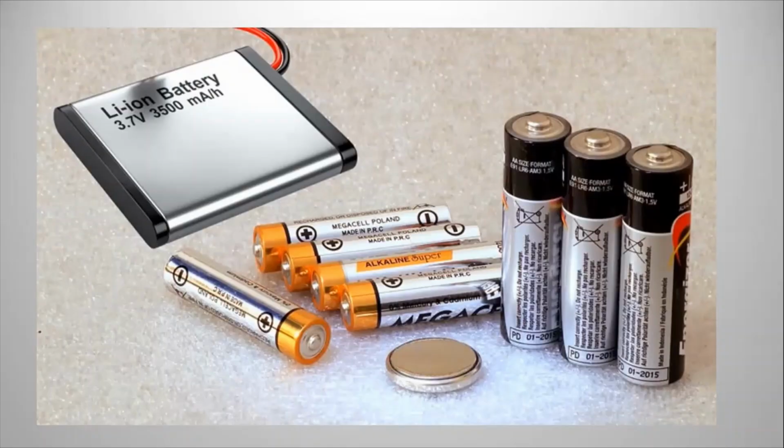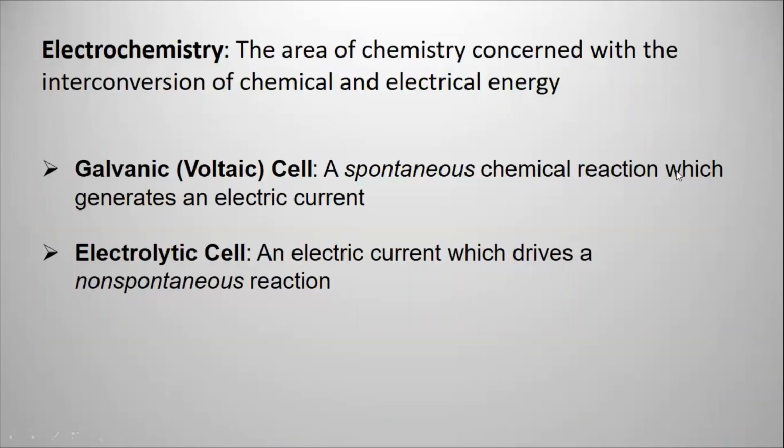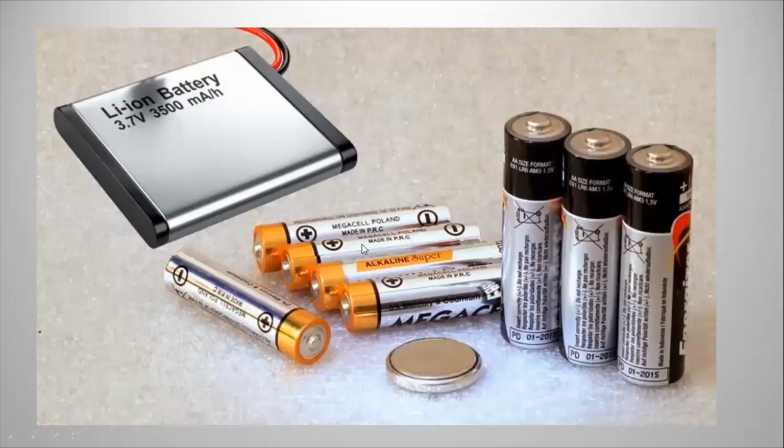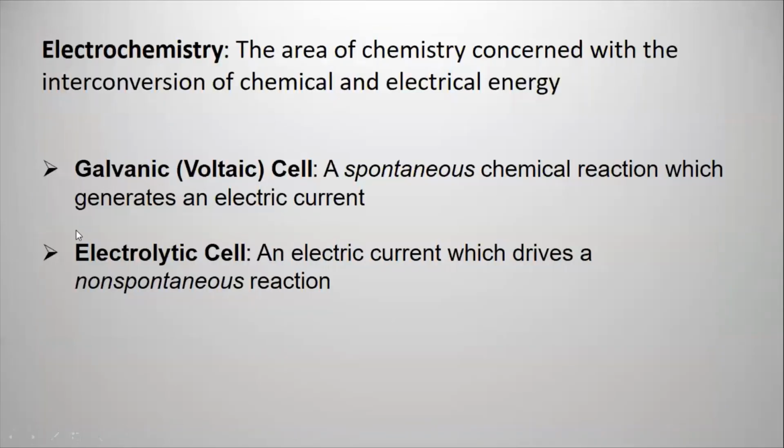So our focus today is on the galvanic cell, this part here. How does the galvanic cell work, and how can you describe what positive and negative mean in terms of electrochemistry? And again, the second part, we're not going to touch on, but this is the opposite side, which is what we do every day to charge the batteries back again. You look at your cell phone, and you get that meter that indicates how much battery is left in your device.